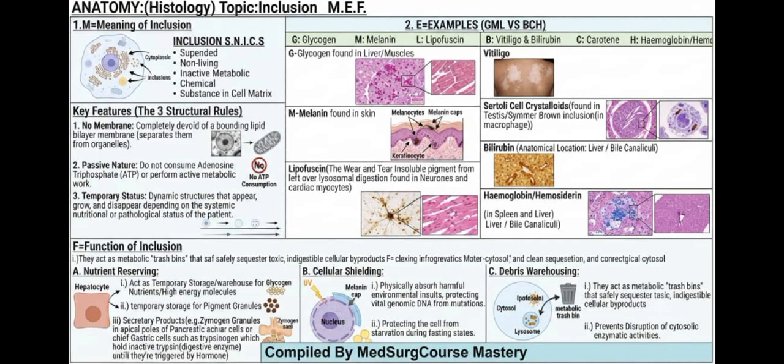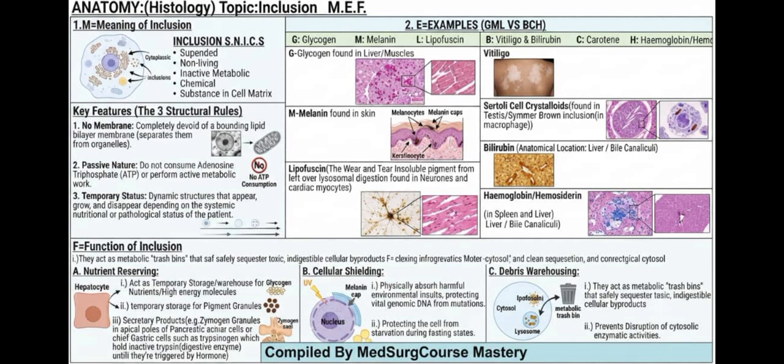This one is not so common, but we call it the wear and tear insoluble pigment from leftover lysosomal digestion, found in neurons and cardiac myocytes, that's cardiac cells. You can see the picture here.